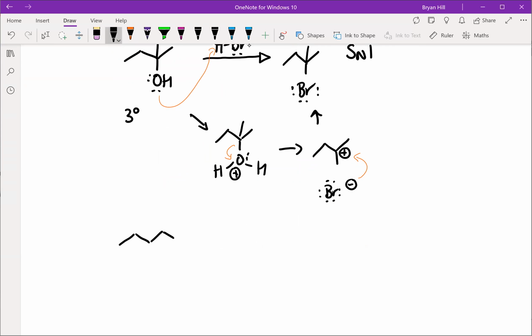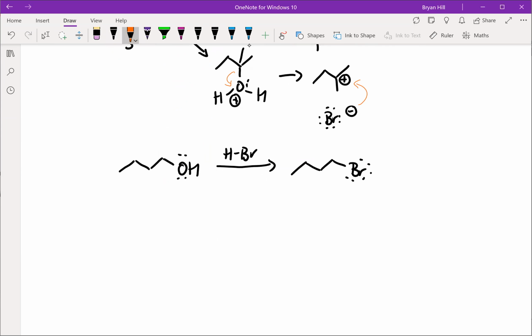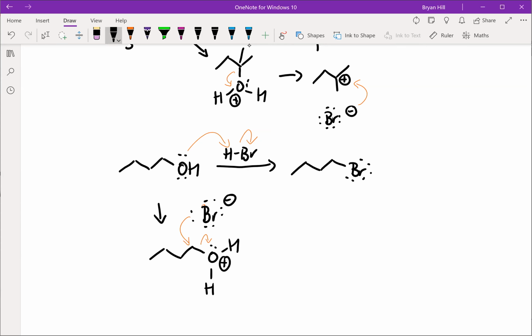It would be along these lines, where it would have to be an SN2 reaction. In fact, you did this one in the lab. You did the other one in the lab. But this would be an SN2 reaction.